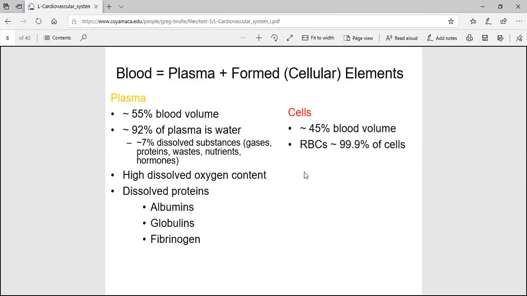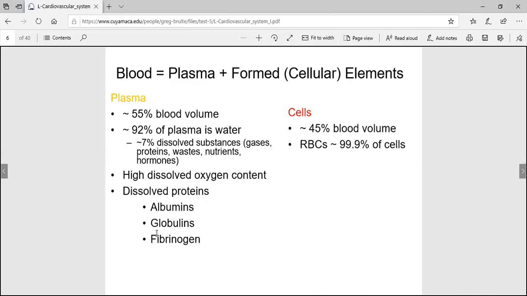So, 55% of volume is plasma. I'm not going to hit you with 92% of plasma is water. 7% is dissolved substances: proteins, waste, nutrients, hormones. But importantly, you have some plasma proteins dissolved in there, and here are 3.